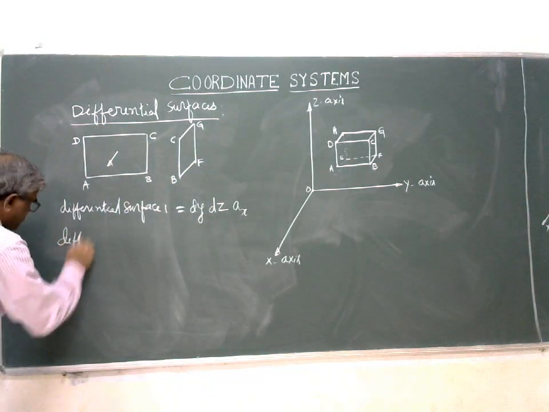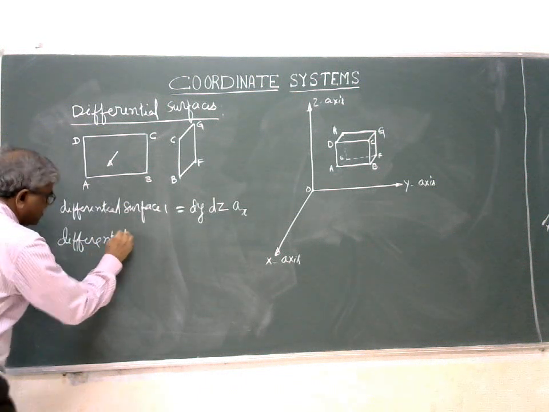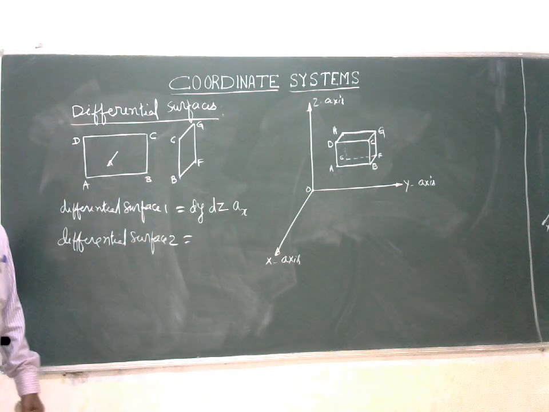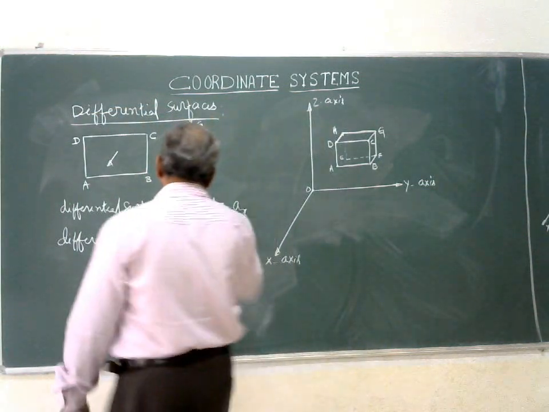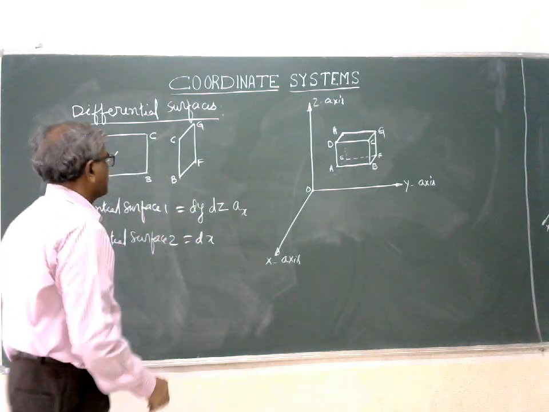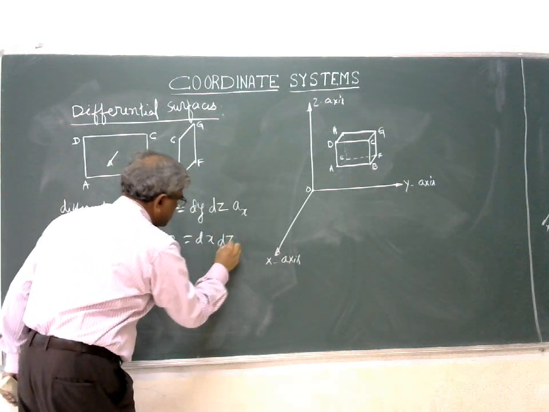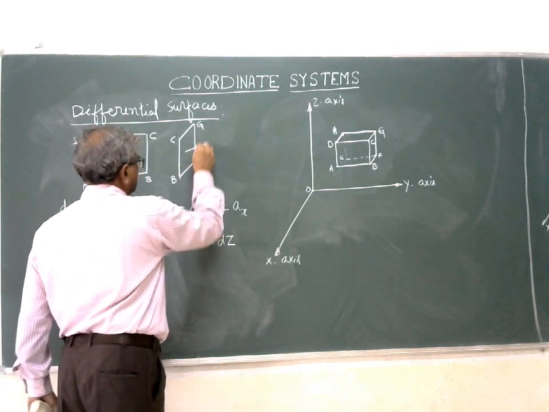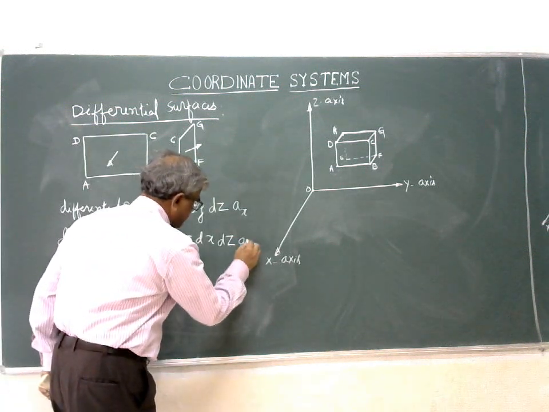Differential surface 2 is equal to: this is along the x-axis, so the elemental distance along the x-axis is dx, and this one is along the z-axis, dz, and the unit vector is in this direction, along the y-axis, so ay.